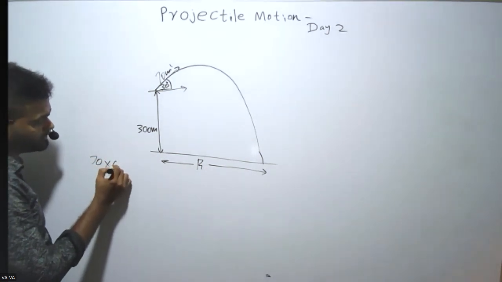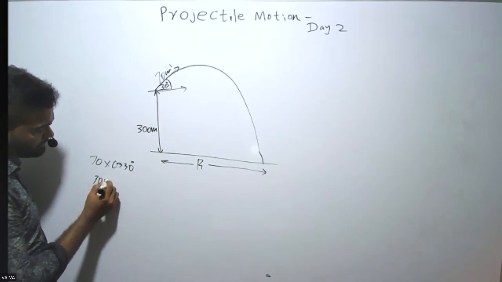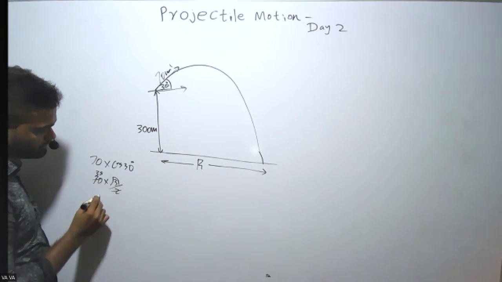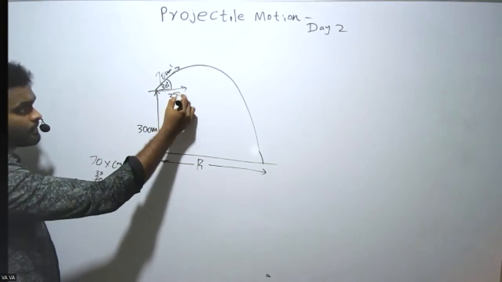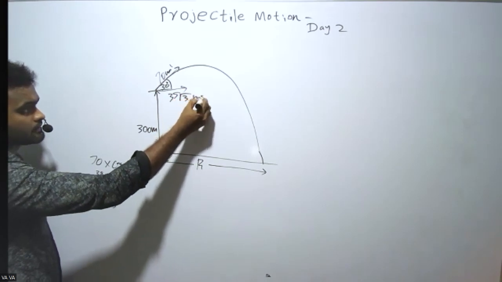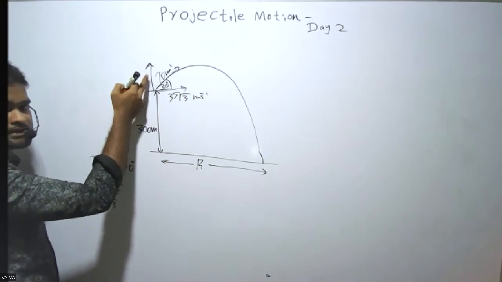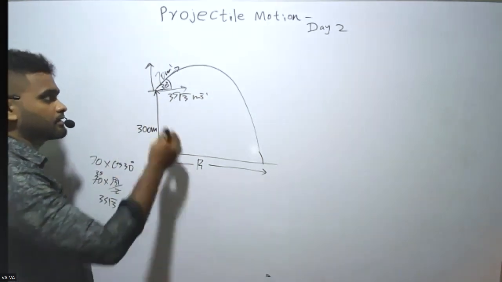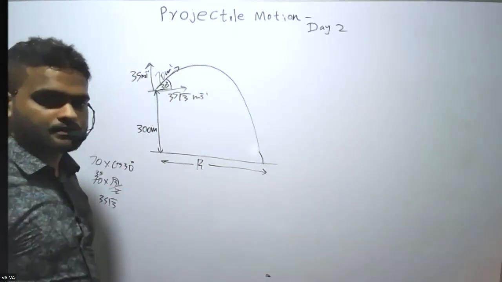I'll find that separately. 70 cos 30 is root 3 over 2, so 35 root 3. That's the horizontal component. The vertical component is 70 sine 30. Sine 30 is half, right? Everyone knows that. So the vertical component is 35 meters per second.